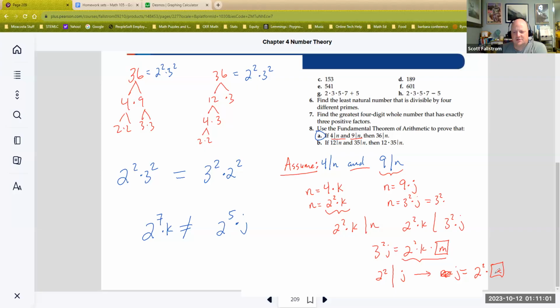So j is equal to 2 squared times x, where x is some whole number. So 3 squared times 2 squared times x is what I can substitute in here. That means n is equal to 3 squared times 2 squared times x, and 3 squared is 9, 2 squared is 4, so that is 36 times x, which means 36 has to divide n.